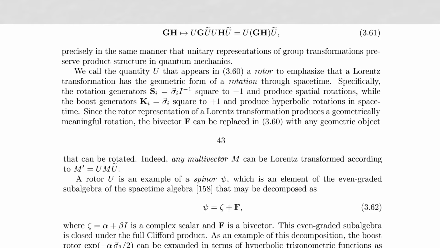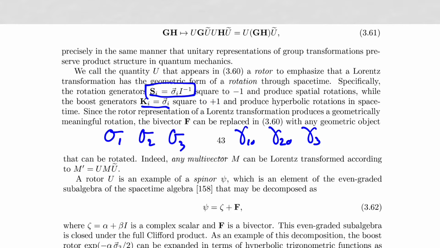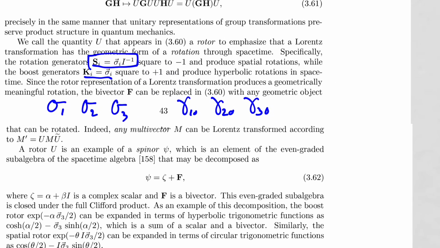So here I'll just remind you that, first of all, we know that the boosts are produced by our relative vectors in the spacetime algebra. So sigma 1, sigma 2, and sigma 3 produce the boosts, and that's gamma 1 0, gamma 2 0, gamma 3 0. The rotations are generated by these S's.